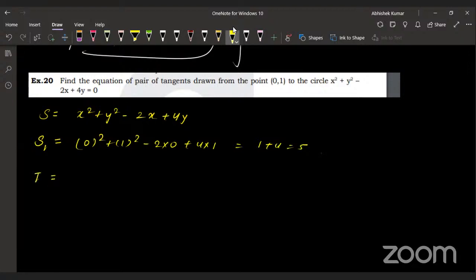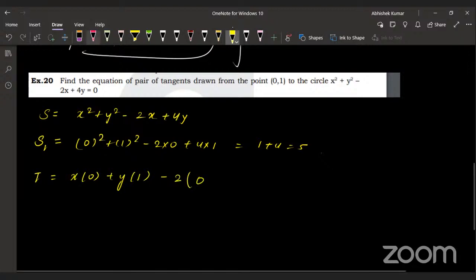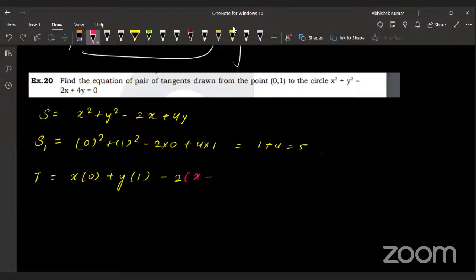Your T is, x1 is 0, y1 is 1. So y into 1 minus 2. X will be replaced by x plus x1 by 2. Remember these replacements I told you, right? So you will have x plus 0 by 2, plus 4, y plus y1 by 2, so 1 plus y by 2.